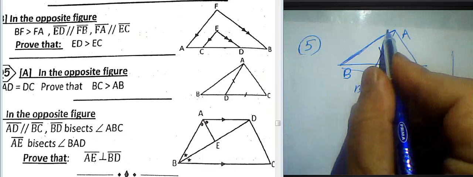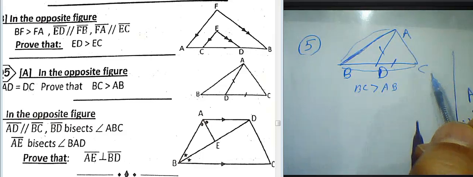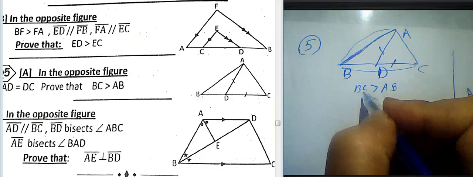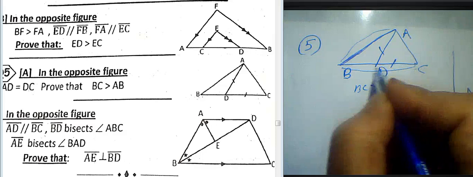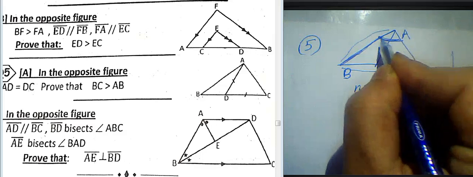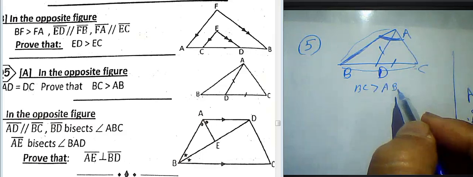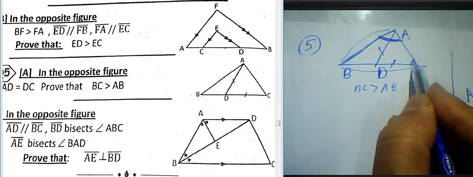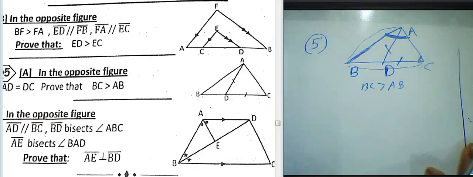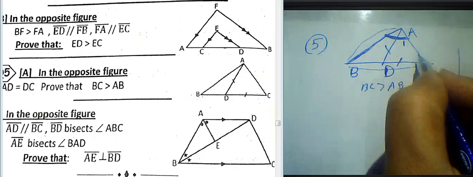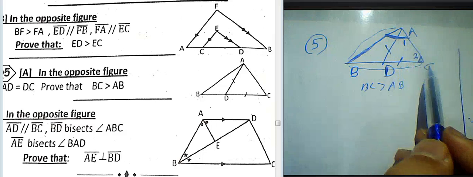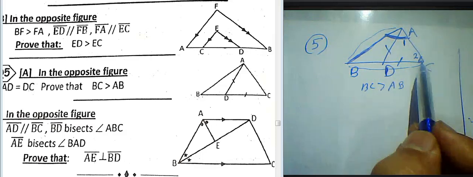We must prove that the measure of angle A is greater than the measure of the angle opposite AB, which is C. Okay, it's very easy for you. Put this angle 1 and this angle 2, and we want to prove that measure of angle A is greater than measure of angle 2.